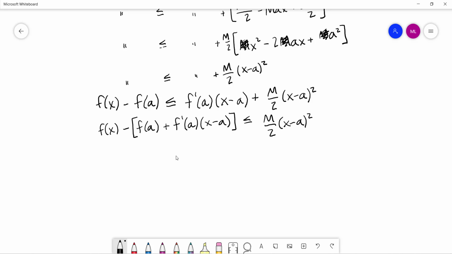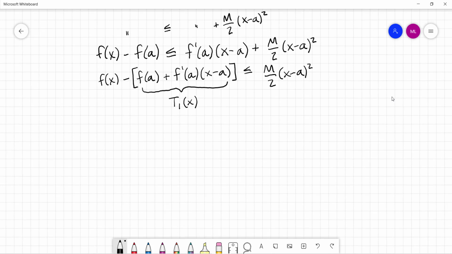What I want to point out now is that what we've got right here is our first degree Taylor polynomial. This is our Taylor approximation of the original function.